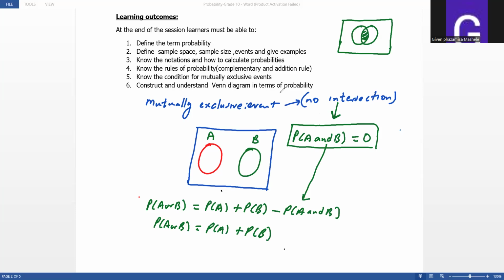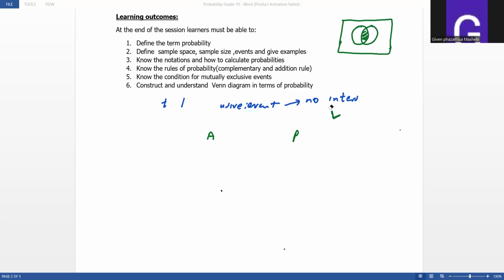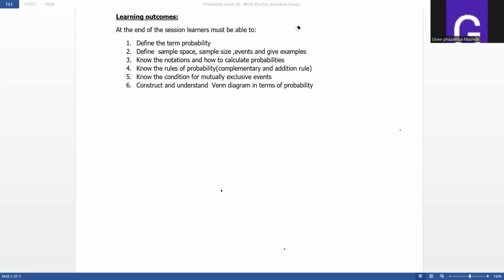Now, let's take this further by looking at the examples. Right. Now let us look at the example here.